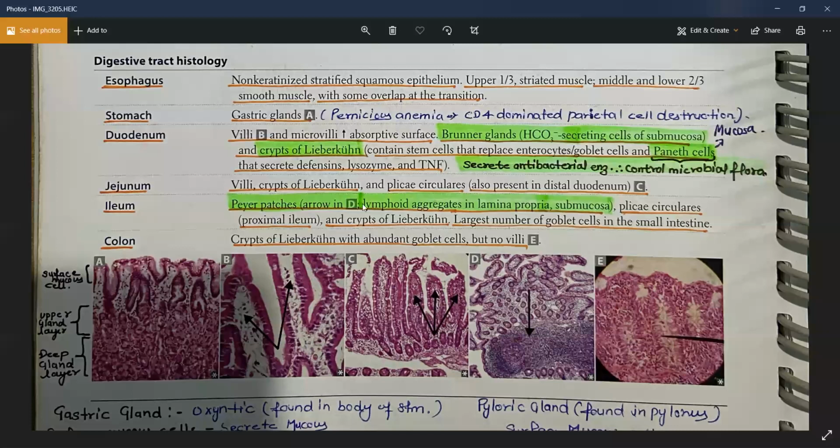So the Peyer's patches will be in the lamina propria as well as in the submucosa. Plica circularis will be present, which are the folds of muscles, and the crypts of Lieberkühn are also present.